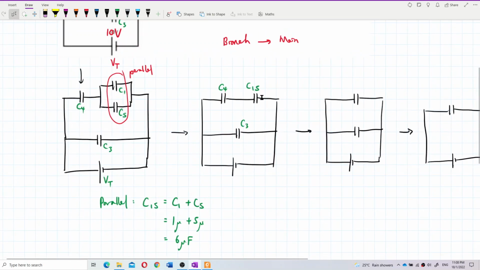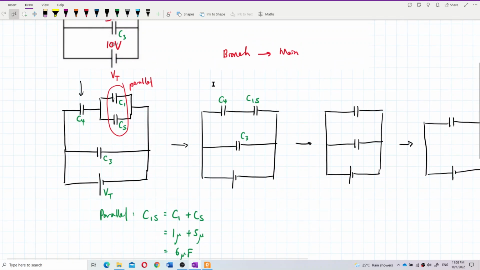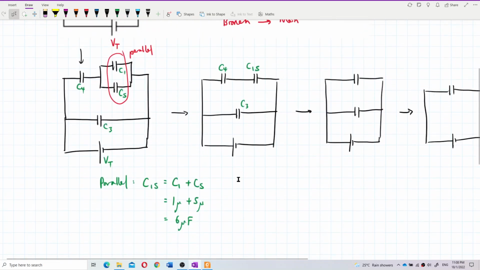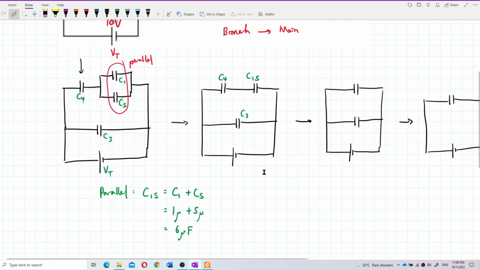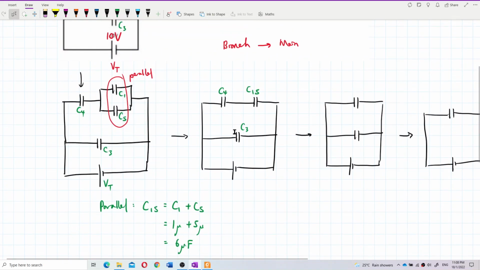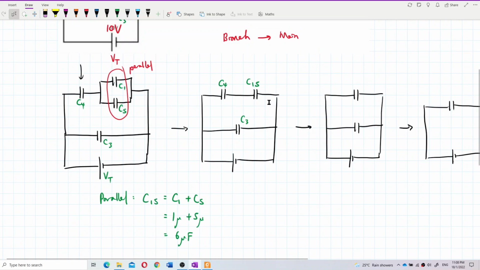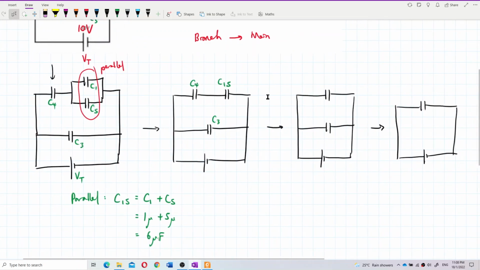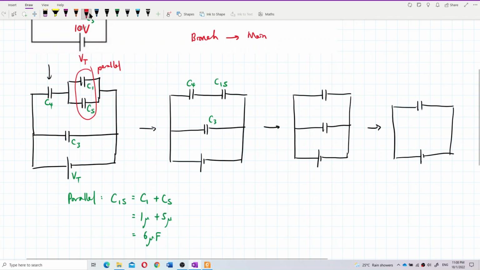Now this one can be combined also. These two are in series.